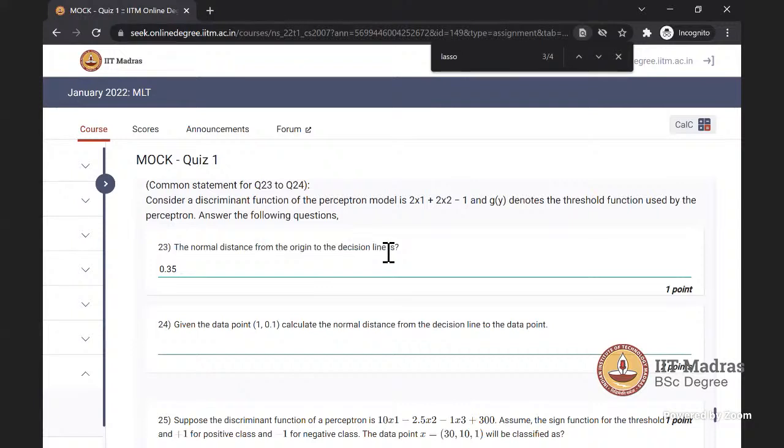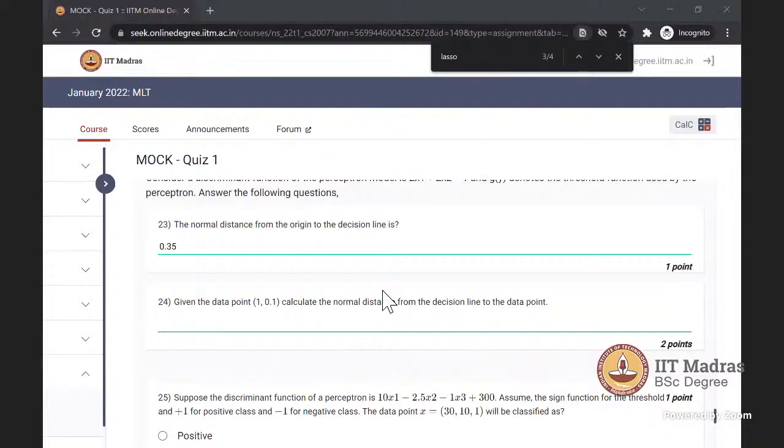If you remember the formula for y, it is w naught plus w transpose x, so w transpose doesn't account for w naught. Similarly, for this one, it's going to be y divided by the norm of w, the norm of w without w naught.